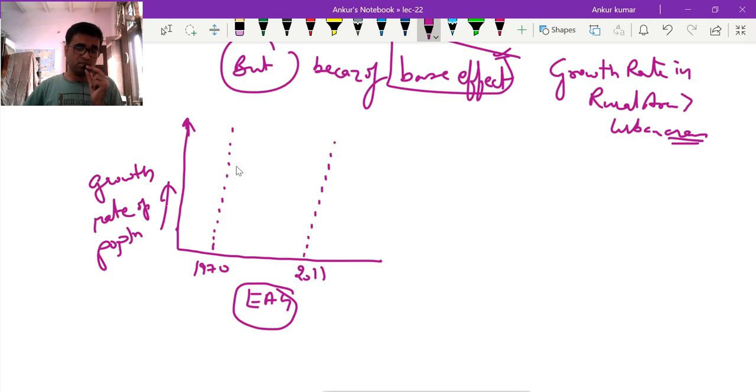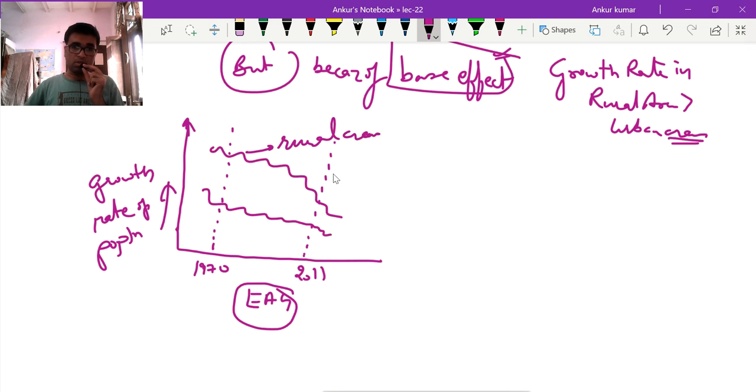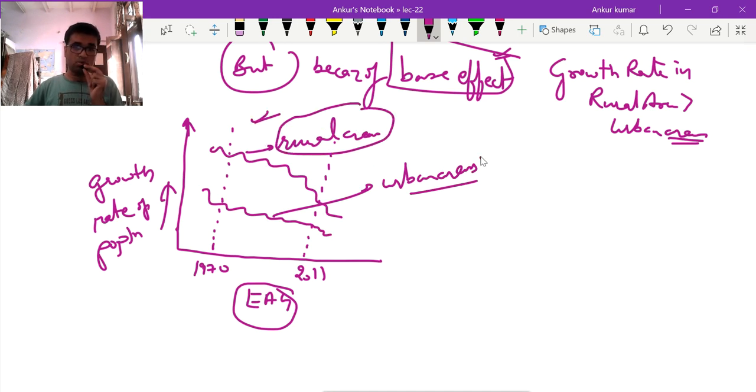Now in EAG states, as I said, although the number of people added in the rural areas was less than urban areas, the growth rate in the rural areas was more than urban areas because of the base effect, and you can see it very clearly from this diagram. This is the growth rate in rural areas, and this is the growth rate in the urban areas. You can see that the growth rate in rural areas is always more than the growth rate in the urban areas, even in the 2011 census.